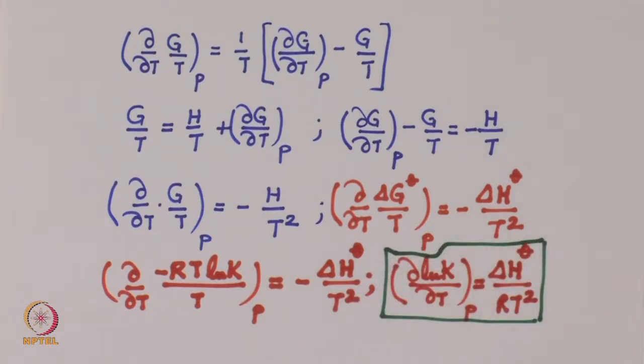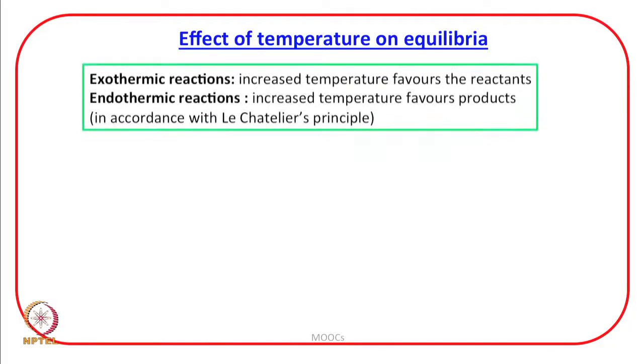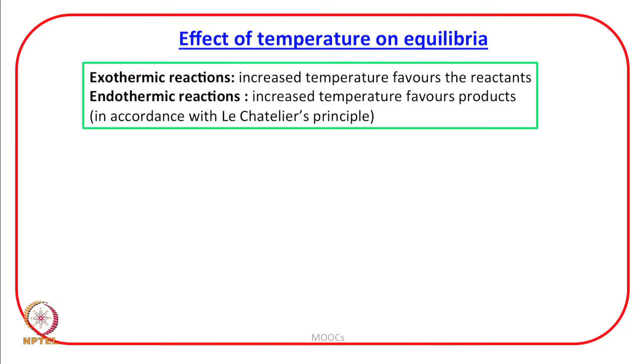Let us go to the slides now. Le-Chatelier principle suggests that for exothermic reactions, increased temperature should favor the reactants, and for endothermic reactions, increased temperature should favor the products.